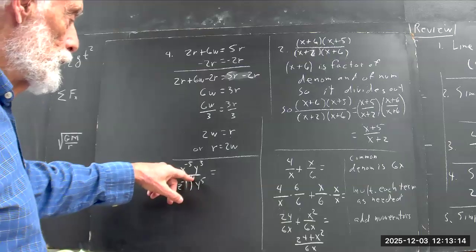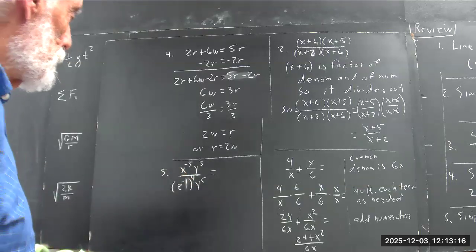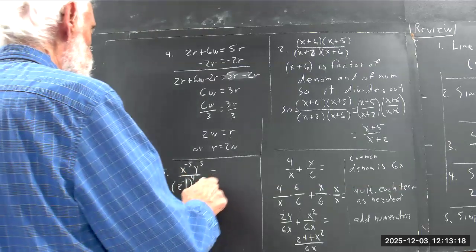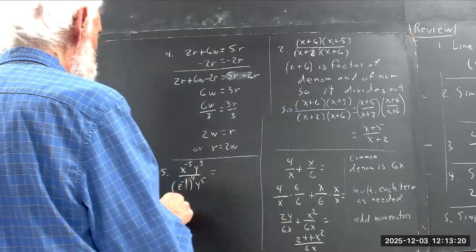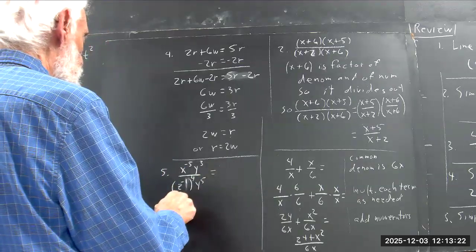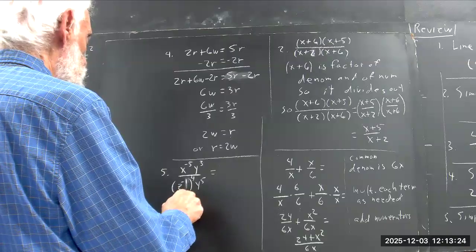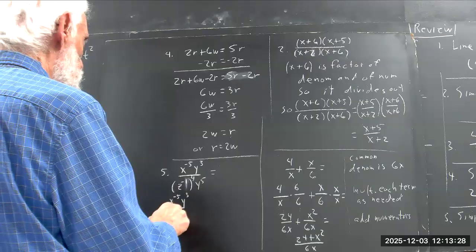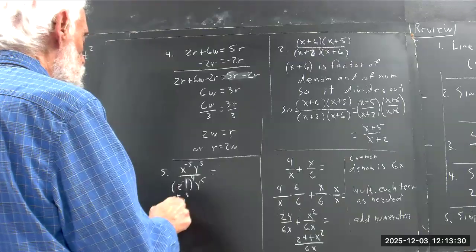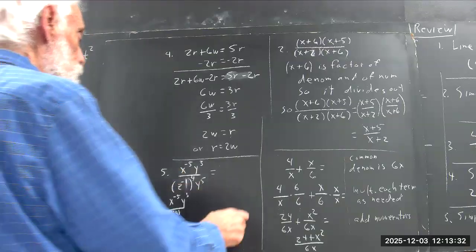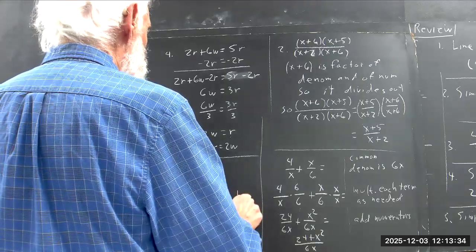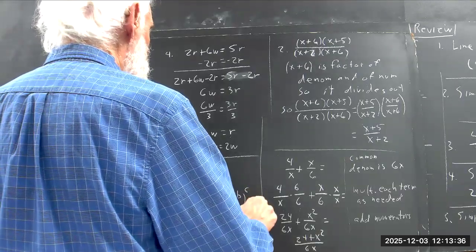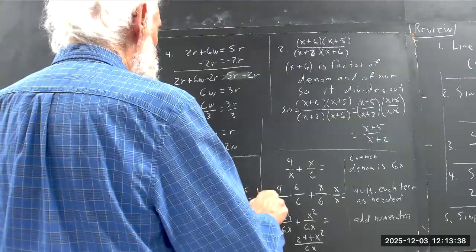Two to the negative 1 to the fourth is two to the negative 1 times 4, because a to the b raised to the c is a to the bc.